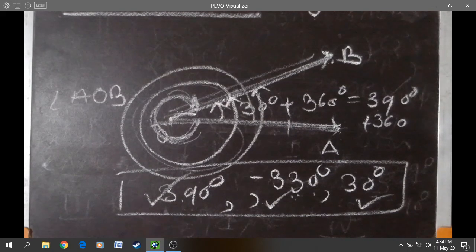We know what is meant by initial ray and terminal ray. Then we defined the different types of angles: zero angle, one rotation angle, straight angle, right angle, and then angles in standard position, right? So in this video we have studied these types of angles.